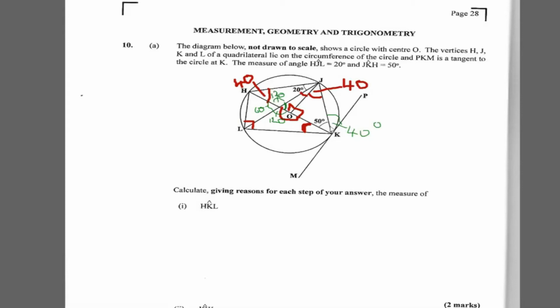This angle is 40, how does that help? So 40 plus this angle at H, plus this angle should give us 180, because opposite angles in a cyclic quad sum to 180. All right, so that is that.